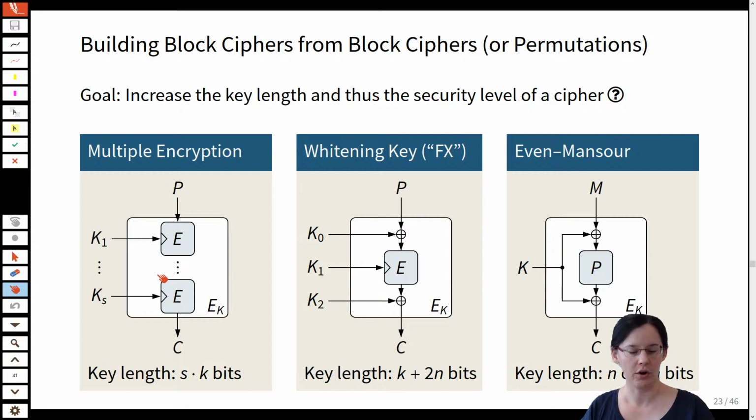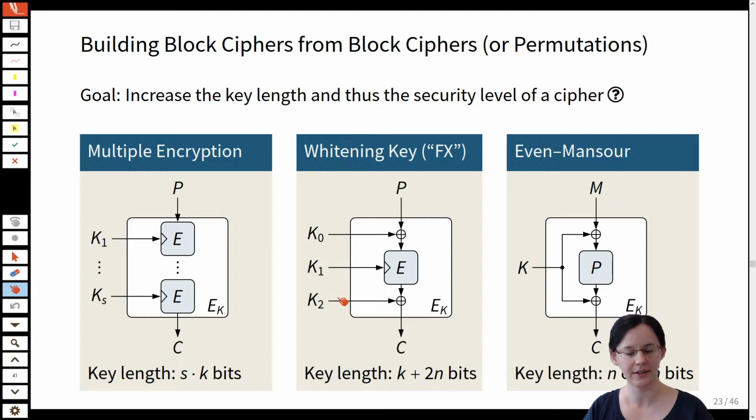Instead of multiple encryption, you can also extend the key size with a so-called whitening key, or FX construction, where F stands for the F function inside and X stands for the XOR of the key. So what you can do is, if you just want to increase your key size, you first XOR a new key, then do the original block cipher, and then XOR another key.